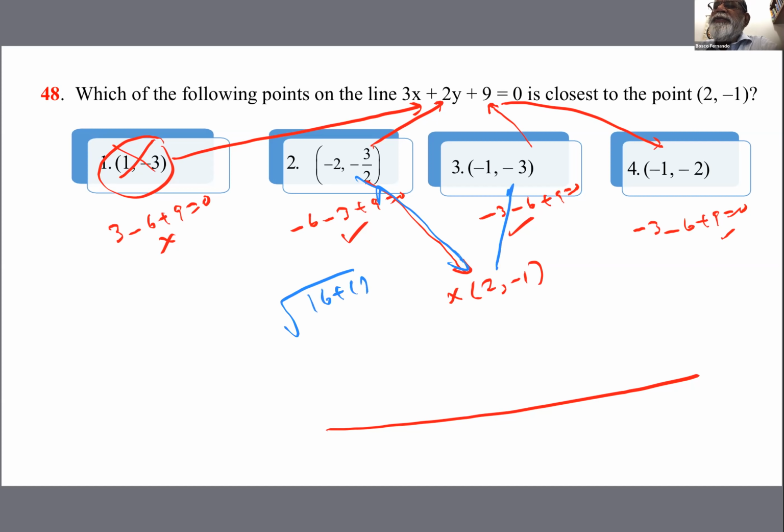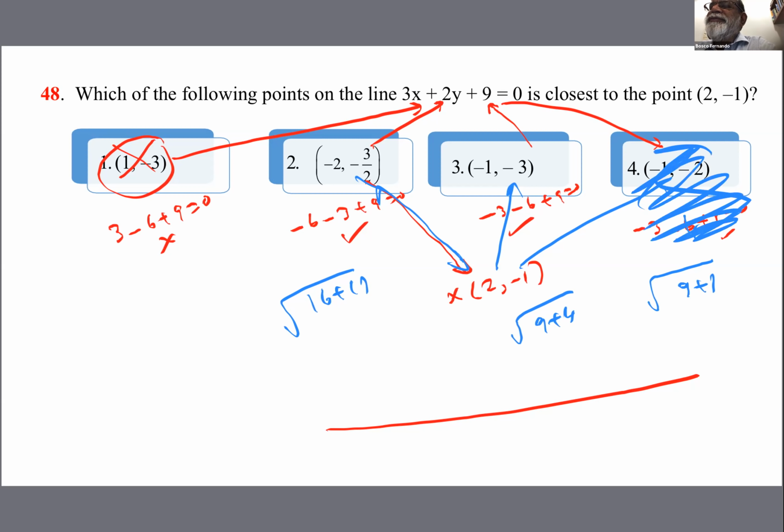For the other, it is root of 9 plus 4. This is -1, -2. This is 4, so this is root of 16 plus something, and this is root 13. So this is the correct answer.